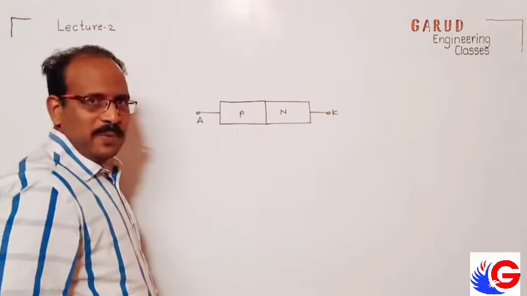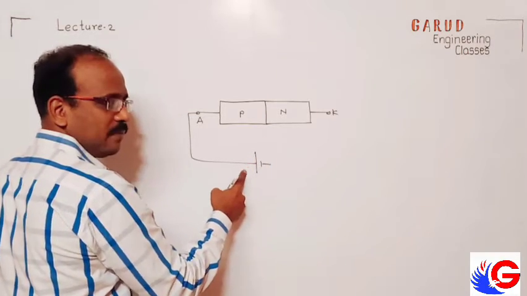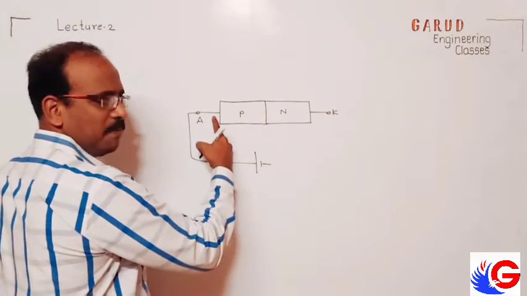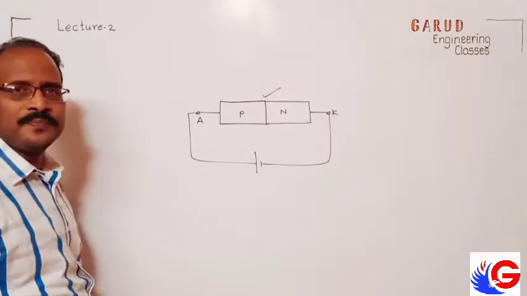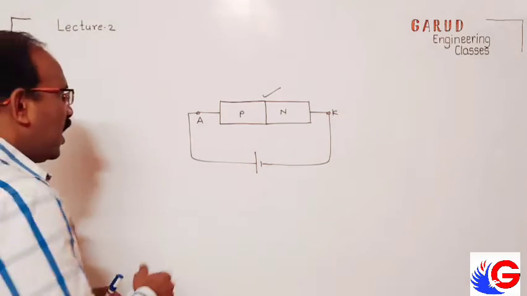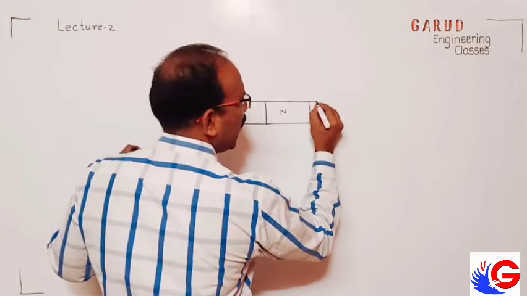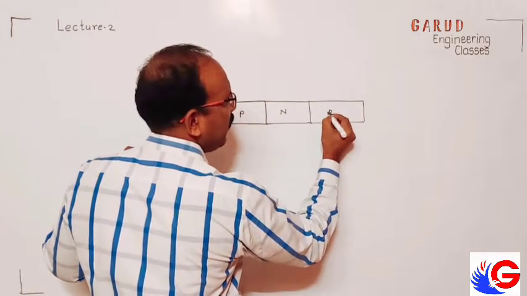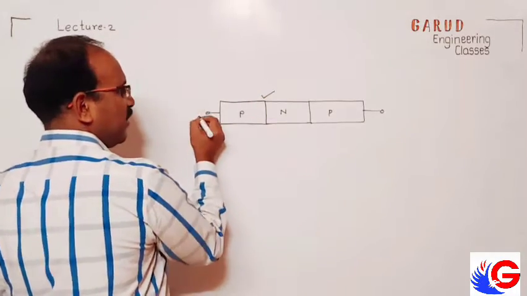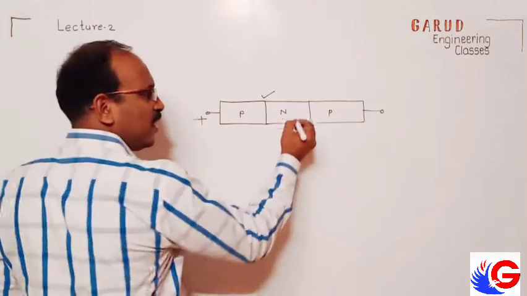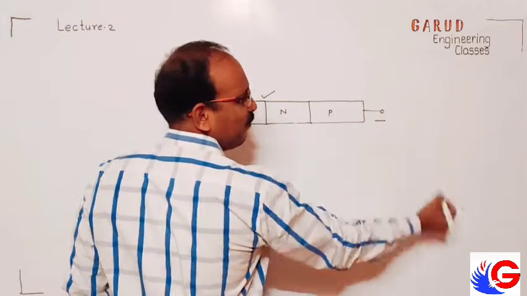How to make the junction forward bias? Simple. Apply positive to the P, negative to the N. We can break the junction. Now, if I add one more P here, how to make this junction forward bias? Apply positive. How to make this junction reverse bias? Apply negative.